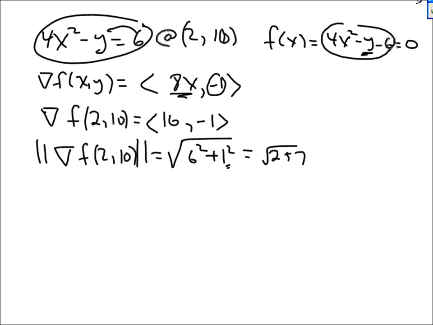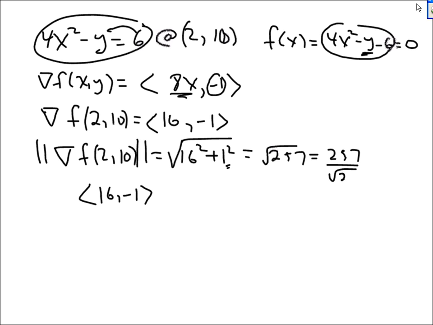So what you have is the vector (16, negative 1), and you want to make it length 1. That is, you want to divide by the length.